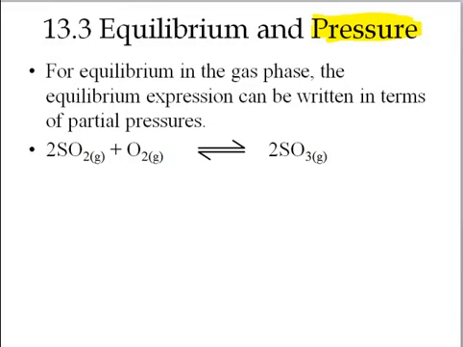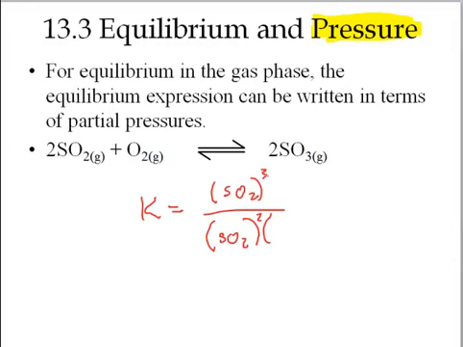the concentrations. So if I was going to write the equilibrium expression for something like this, here's a reaction. We're getting some sulfur dioxide plus some O2, making sulfur trioxide. I would write it just like I did before, K equals, and then instead of using a bracket that indicates a concentration, I would just go SO2 cubed, again products over reactants, over SO2 squared times, oh, I'm sorry, I did a cube.